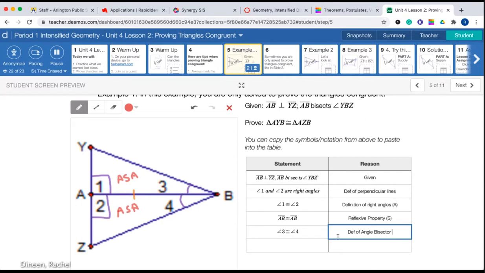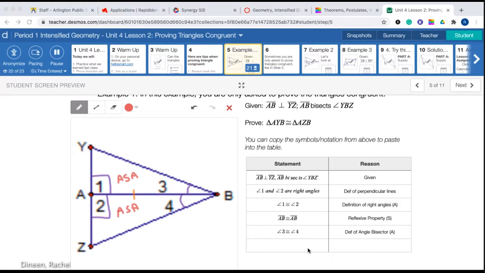All right, and that is my angle. So when you do proofs, I recommend writing in parentheses what it is. So do you see how I was doing angle, side, angle? So I said I had an angle, a side, and an angle. Because then you know you have everything that you need for the proof.